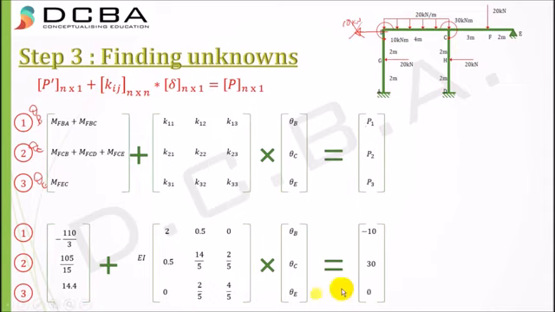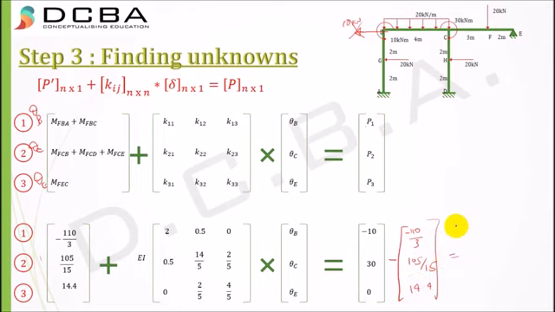This is your final equation, and when you solve this equation, you will get the unknowns theta B, theta C, and theta E. How to solve it? Just take this matrix on the right hand side. So it is plus. If it goes there, it will become minus. And then when you solve them both, basically I'll write it here: minus 110 by 3, 105 by 15, and 14.4.